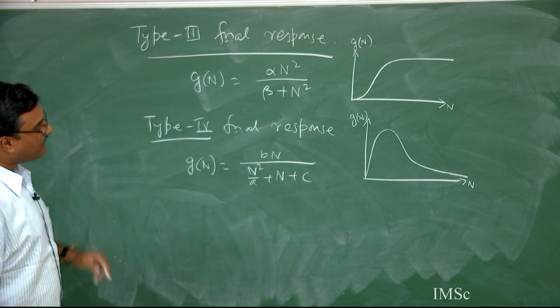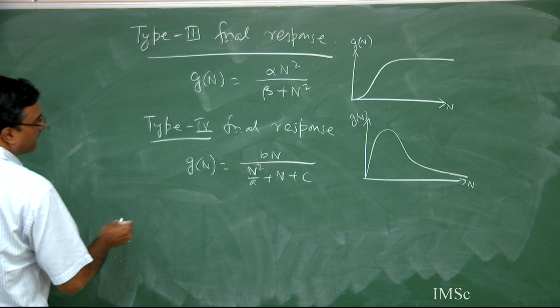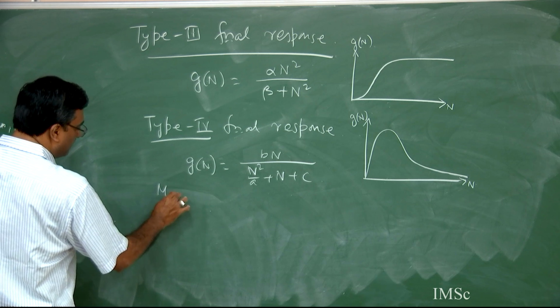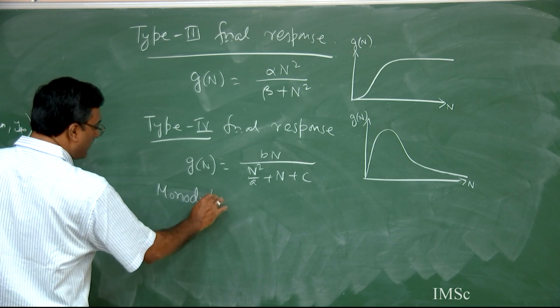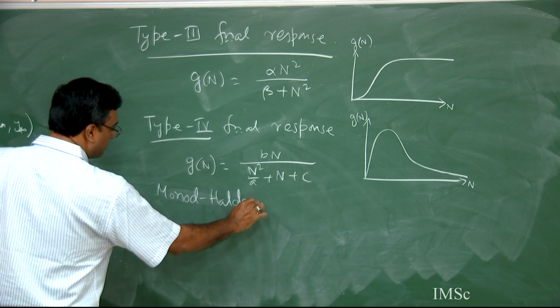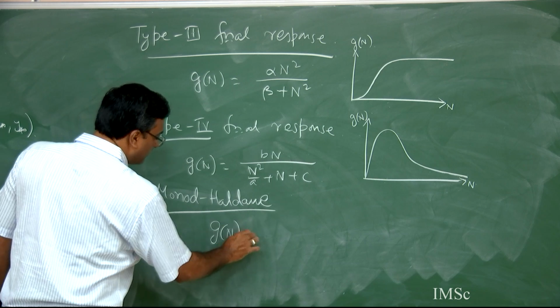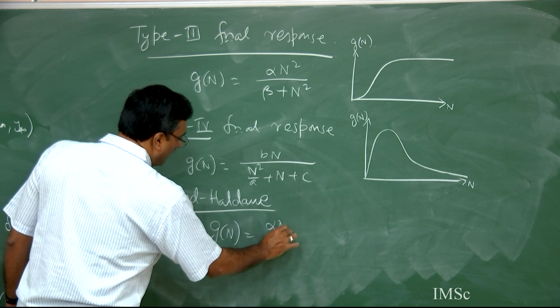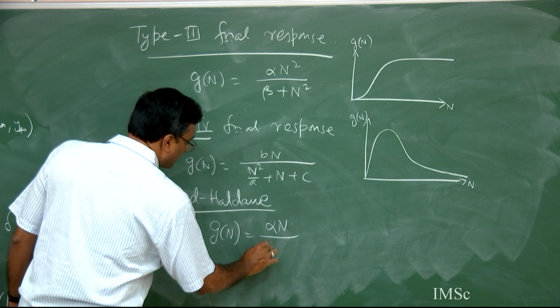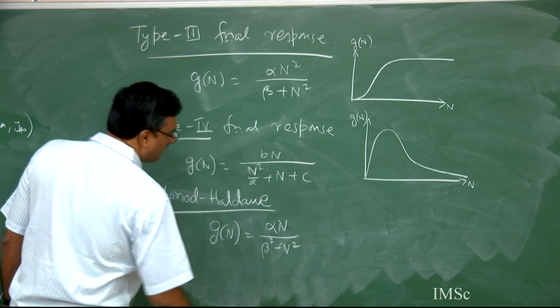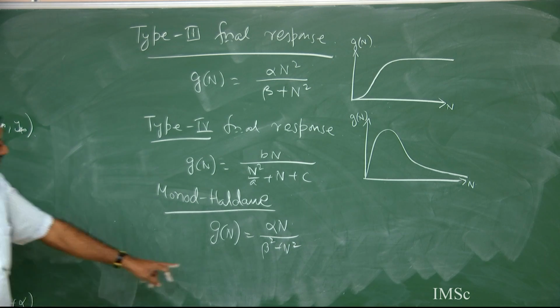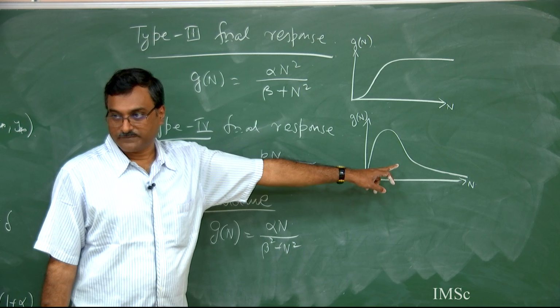And of course, this type of structure can also be captured by the Monod-Haldane type functional response, which is given by G(n) equal to alpha n by some beta square plus n square. This also produces this type of structure.